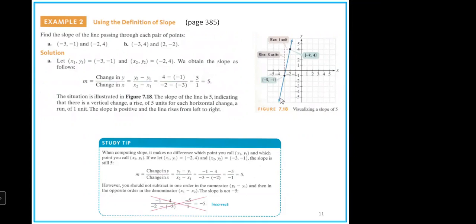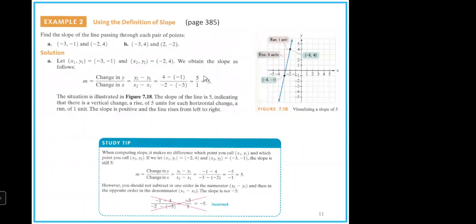Anywhere you go on this line, if you start from one point and go up to get across to another point, the slope should be the same. The slope of a line doesn't change. Whichever 2 points you choose on the line, the rise and the run will always work out to be the same.